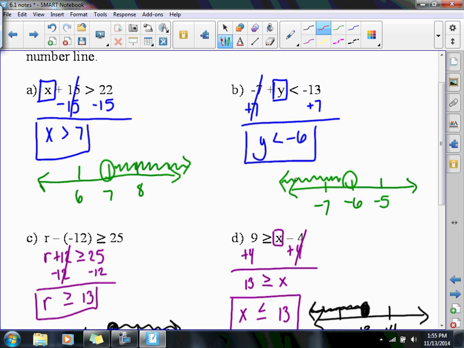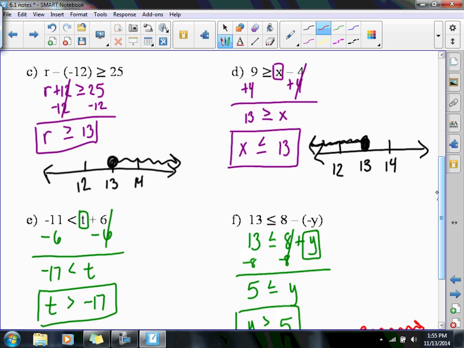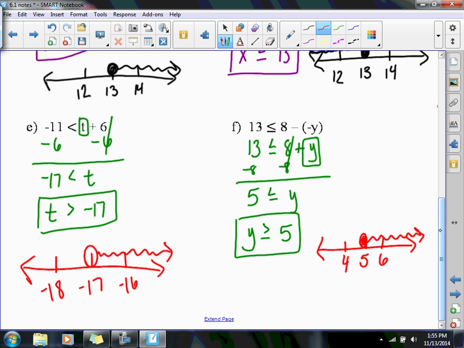That's the way I shaded on my number line. Here the arrow was pointing to the right, so I shaded to the right. Here the arrow is pointing to the left, so I shaded to the left. So that's another clue that you can use to double check your work and make sure that you're graphing correctly.